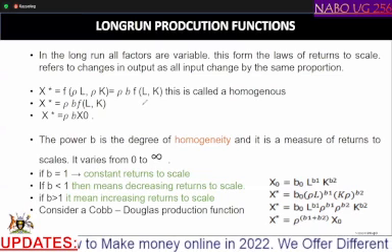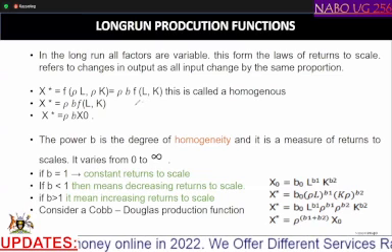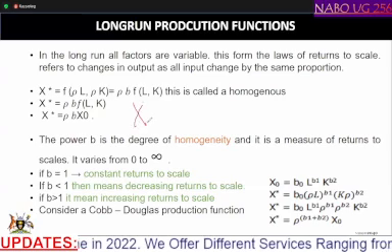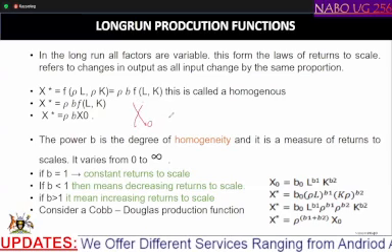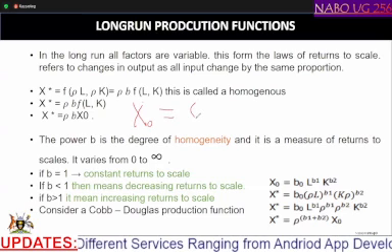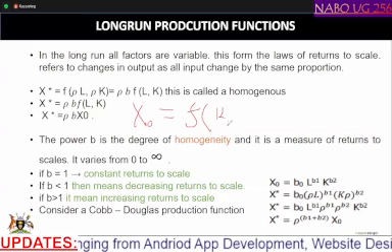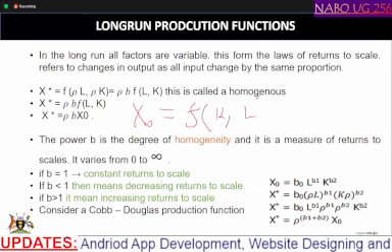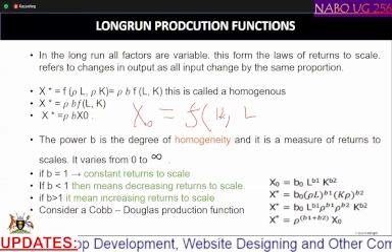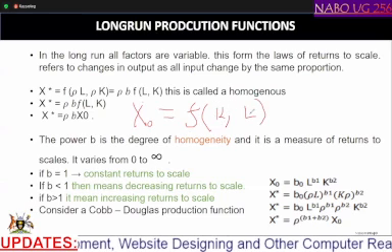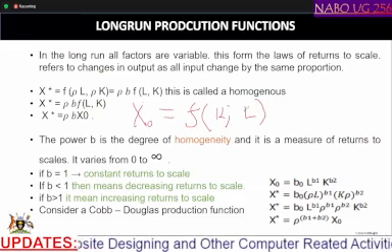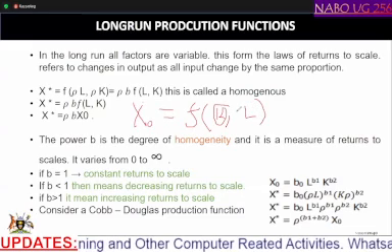And your production function, let me call your output X naught, is a function of two factors, capital and labor. This one is not fixed, and this labor is also not fixed. Both of them are allowed to increase.